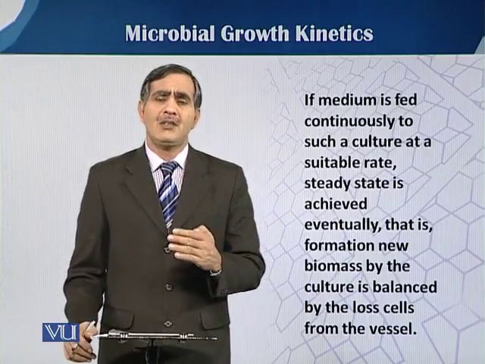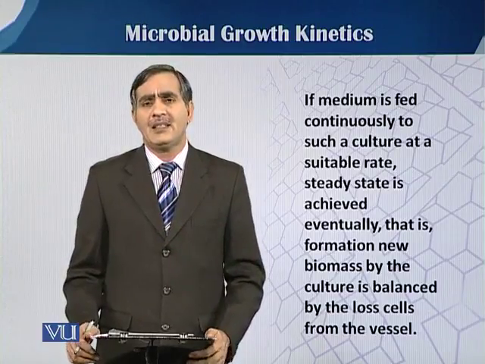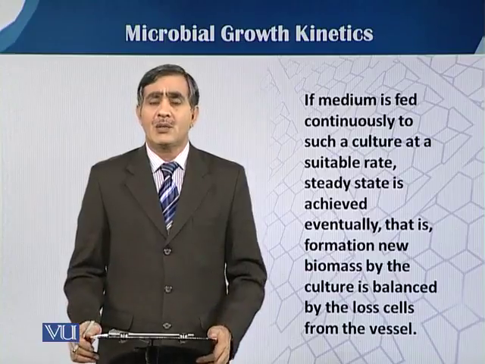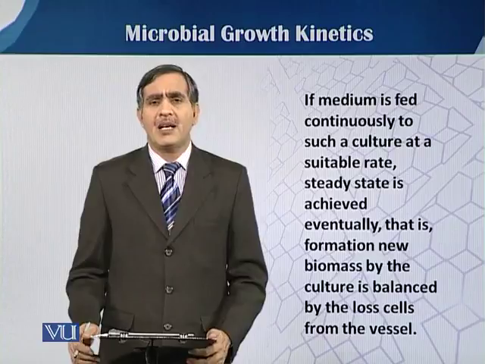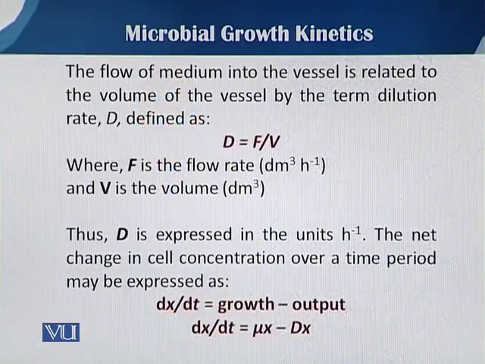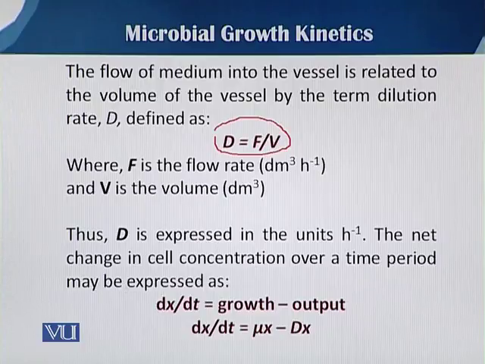There is no change in the volume and no change in the biomass concentration in that fermentation vessel. That state in continuous culture is referred to as steady state. You can see by this equation that the dilution rate can be expressed with respect to the flow rate and the volume of the vessel that is already filled.